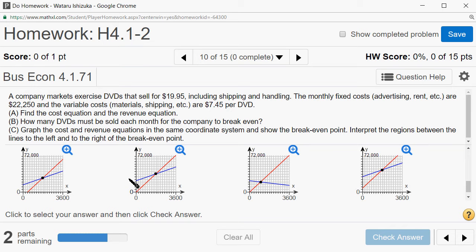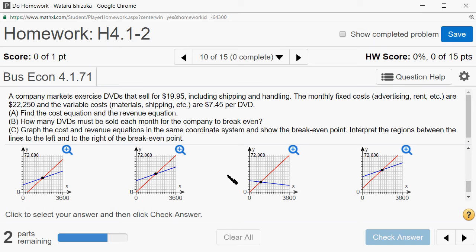Then you can see that none of these go through 0 in the first one, so not the first one. Second one, the red one goes through the origin, and the third one, the red one goes through the origin, and the fourth one, none of these go through the origin, so it can't be the fourth one. Right, so it's going to be between the second one and the third one.